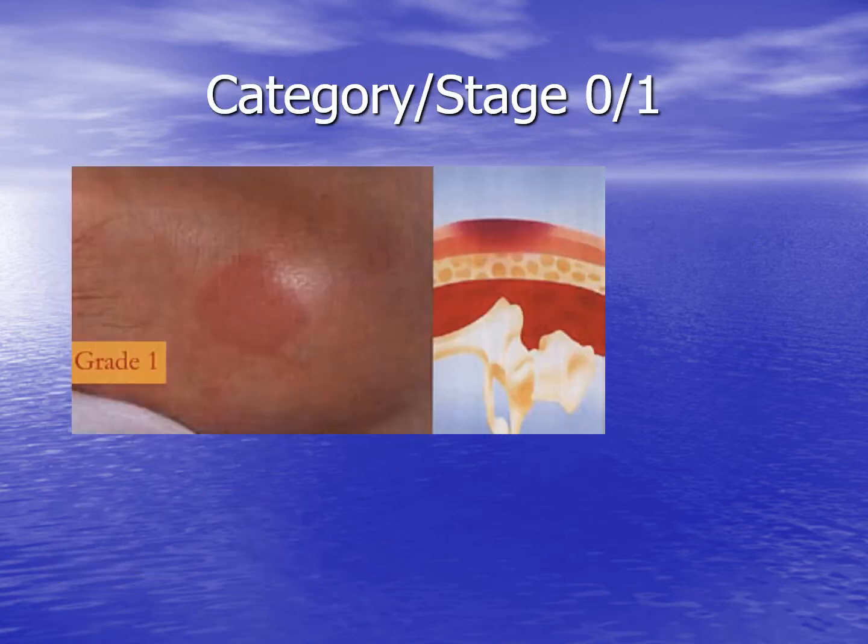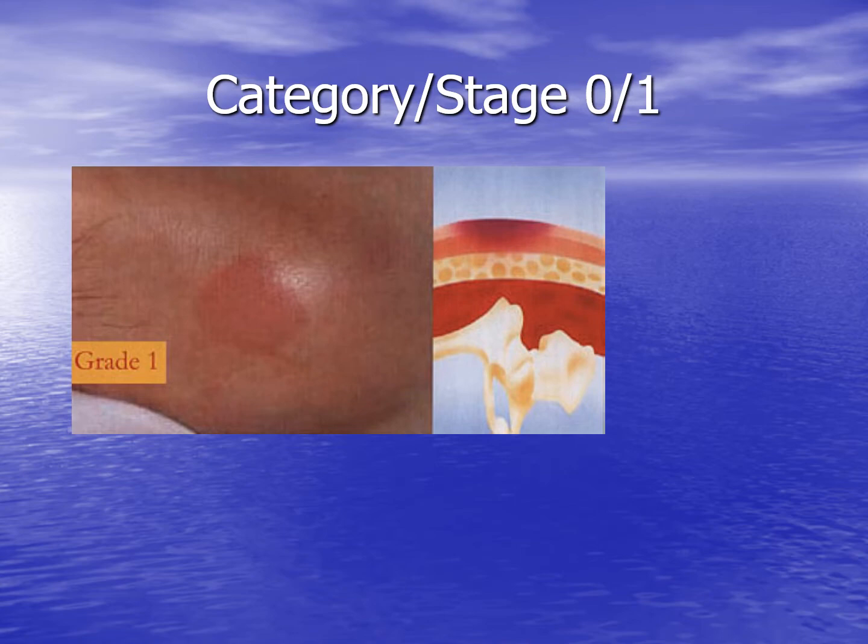There are different categories, previously known as stages. You have category 0 or 1, which will look the same. They'll both appear to be red. The difference is that if you touch the redness, if it's category 0, it will momentarily blanch, where it goes a lighter, white color when you press on the redness.